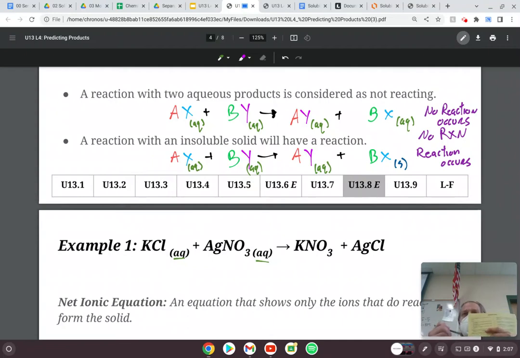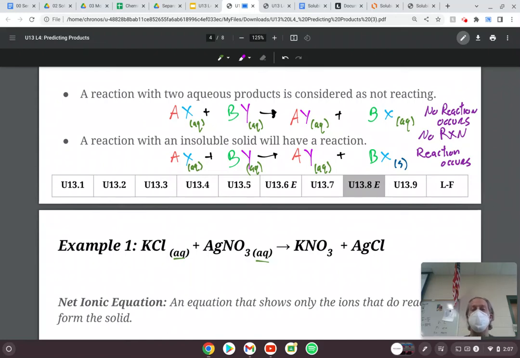And if I read rule number 1, right here on this yellow slip of paper, it says compounds that are made with ammonium, NH4, and group 1 metals, which are lithium, sodium, potassium, rubidium, cesium, francium, the ones in the first column of the periodic table, are considered soluble.